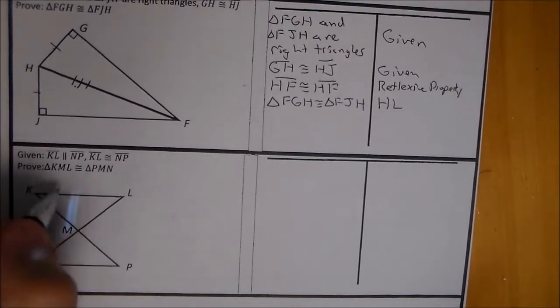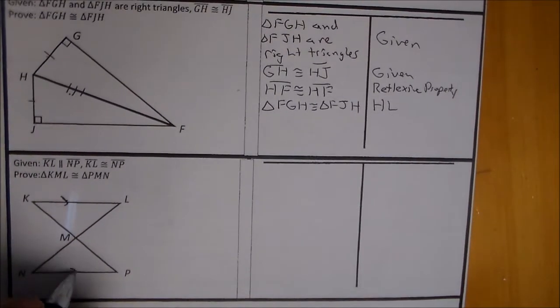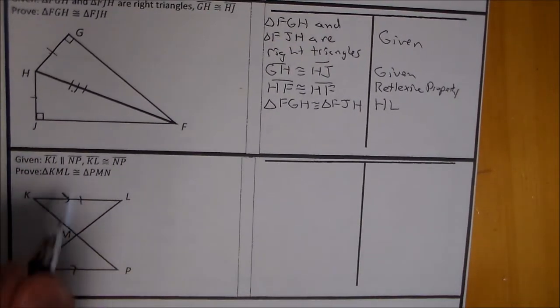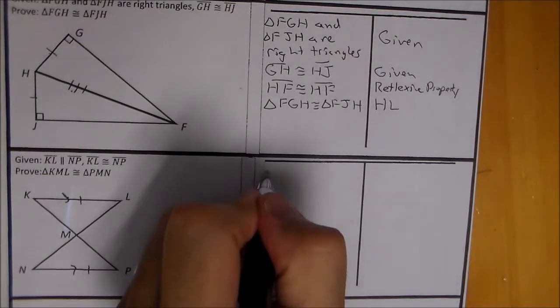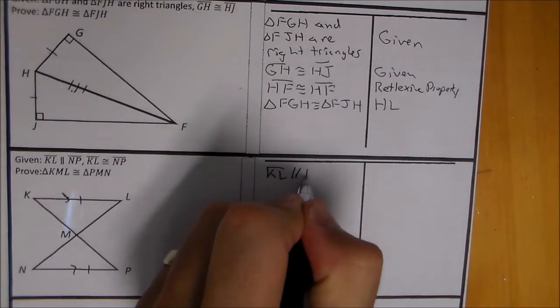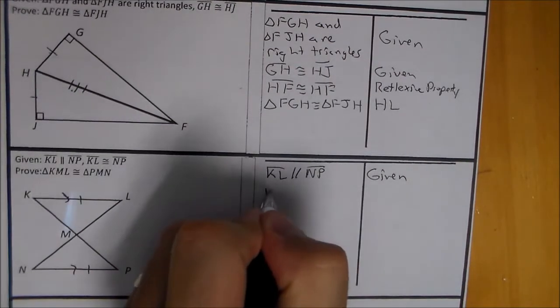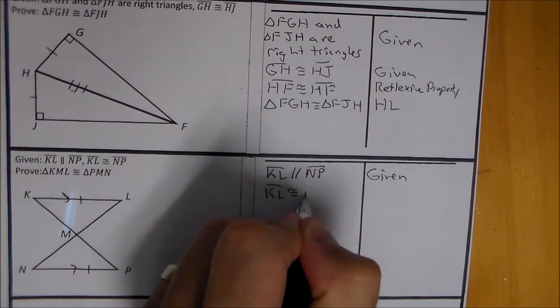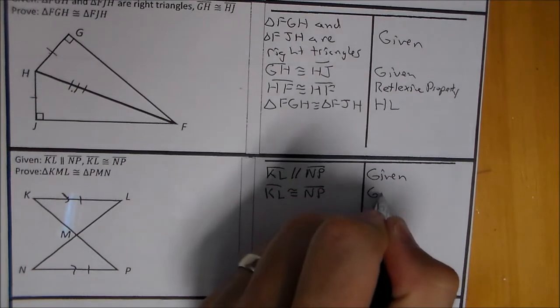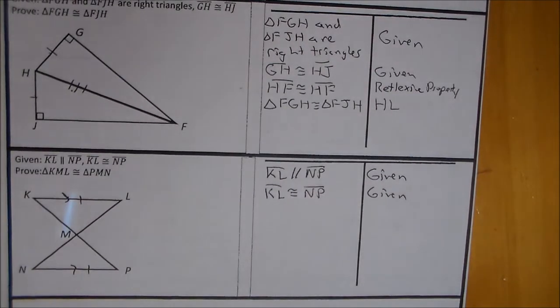Last one, I have that KL and NP are parallel, and KL and NP are also congruent. So let's write those out. KL is parallel to NP. That is a given. And then KL is congruent to NP is also a given. Now what we can add to that is we got some options actually.